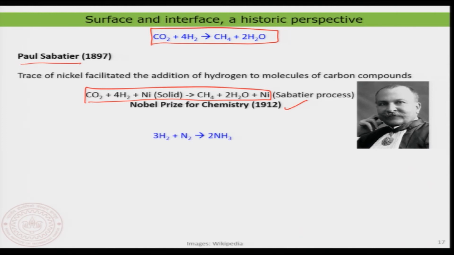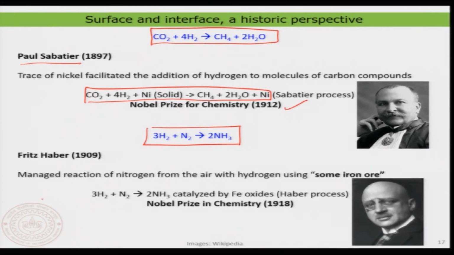And then another important example is the reaction of hydrogen and nitrogen and the formation of ammonia. Again the reaction is theoretically feasible, but as I told you, this reaction will not happen without a catalyst. This reaction is famously connected to Fritz Haber. He found out around 1909 that by using some iron ore, this is the most important thing to be noted here, the chemical reaction would happen.